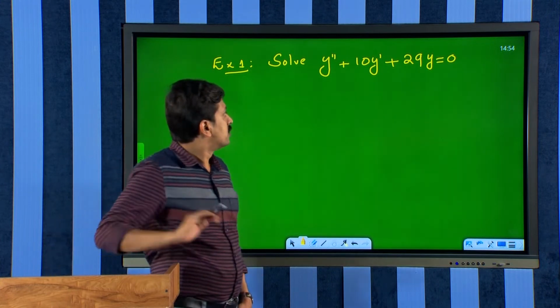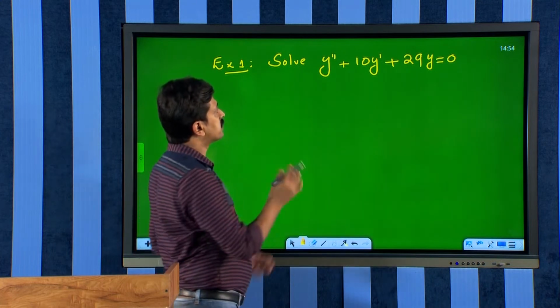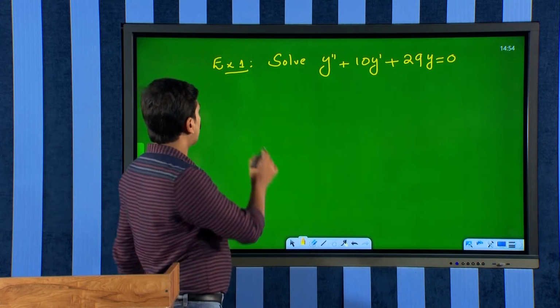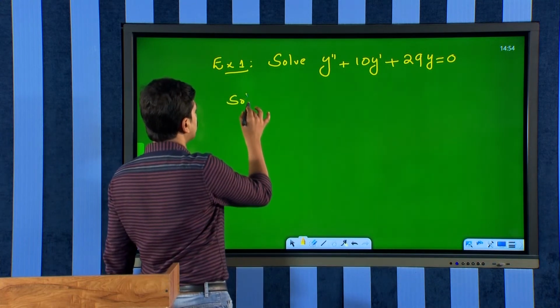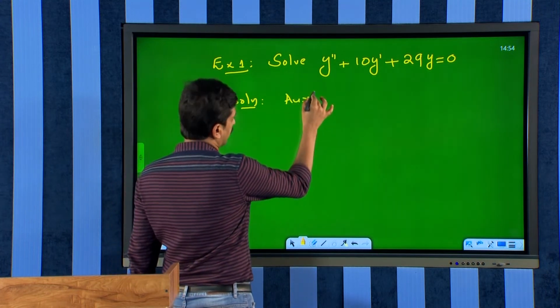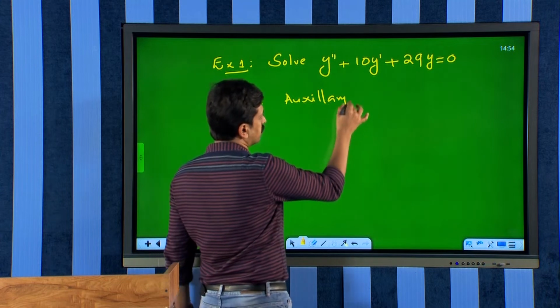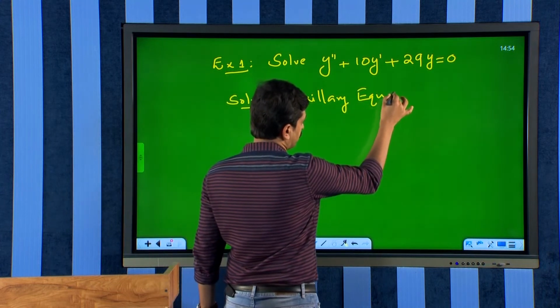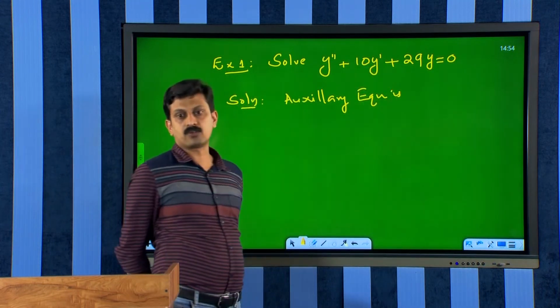Okay, fine. To solve this equation, we write the auxiliary equation, or the characteristic equation.